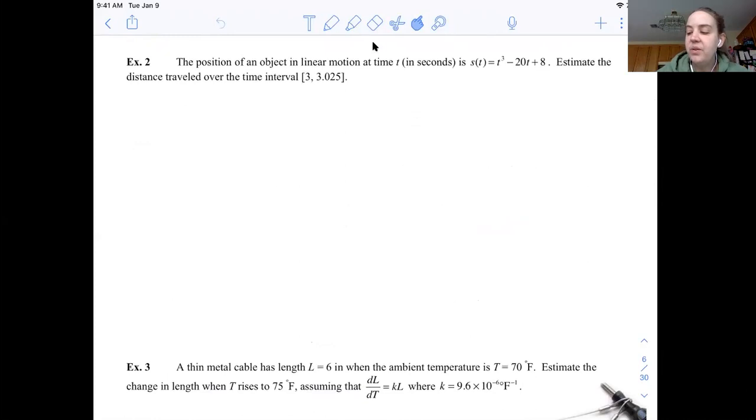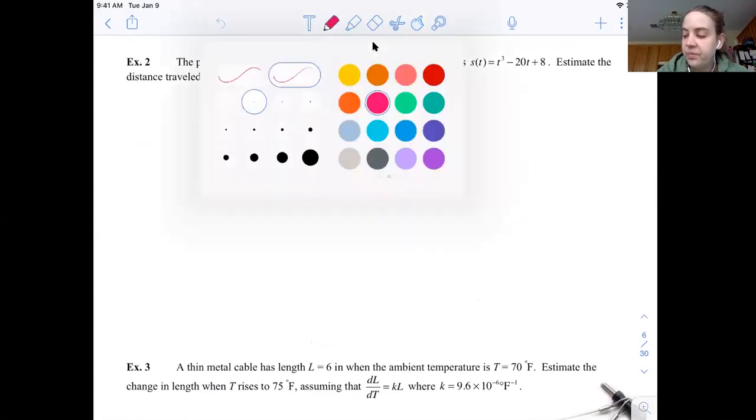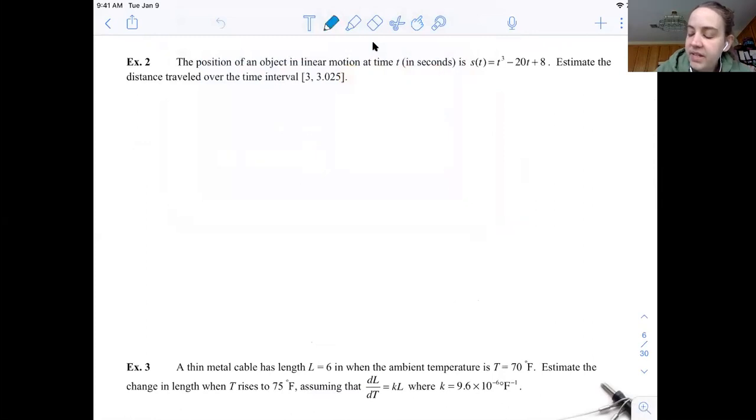What I'm going to have you do is start with your position function. s of t is equal to t cubed minus 20t plus 8. And when we take the derivative of position, do you remember what we get? It's been a while. It's velocity.